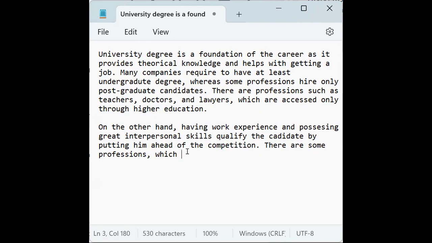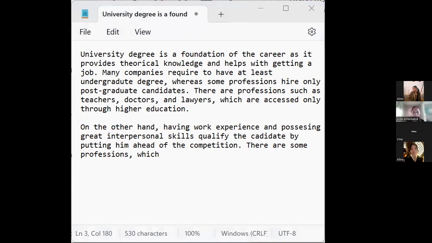There are some professions which don't require a bachelor's degree, such as sales manager, maybe some marketing, like social media marketing managers, etc. So yeah, but I think you see the logic and the structure, the way we write paragraphs.